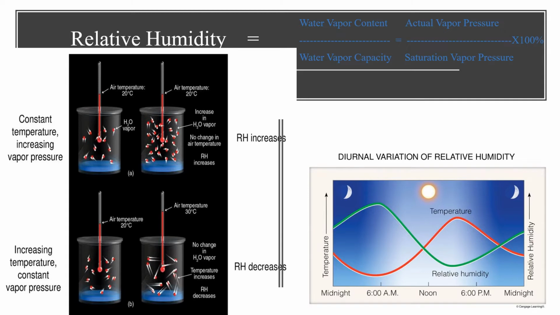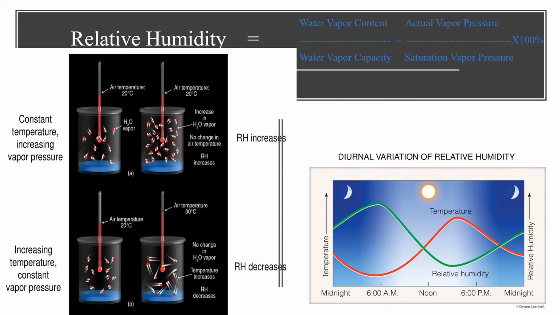So the relative humidity is the ratio of the amount of water vapor actually in the air to the maximum amount of water vapor required for saturation at that particular temperature and pressure. It is a little complex, so let's look at the equation here.